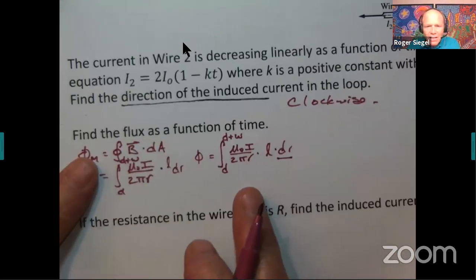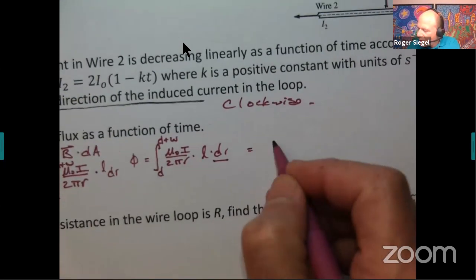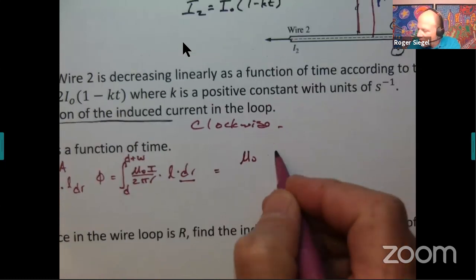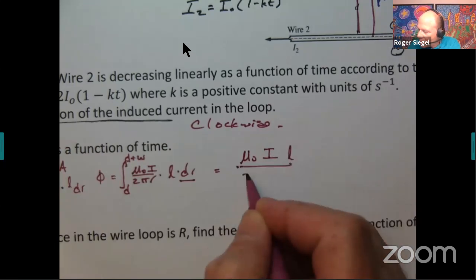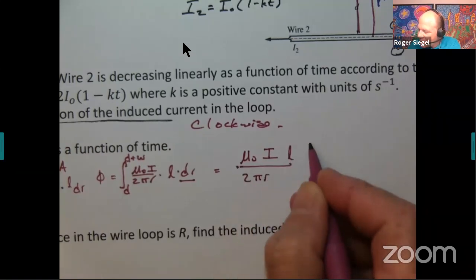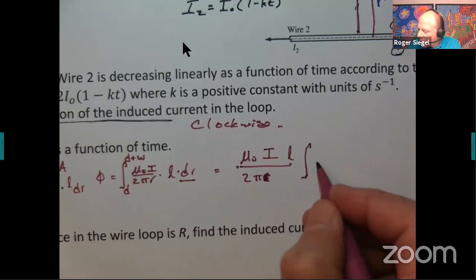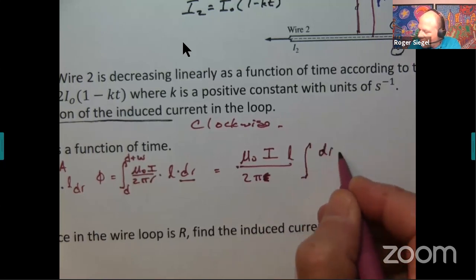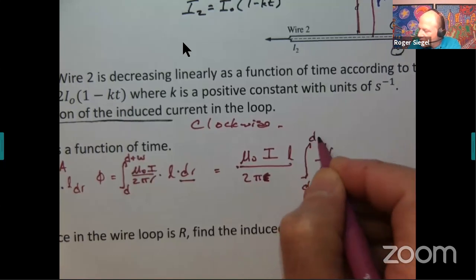So I can come out front with the mu naught. So that's going to be mu naught I L over 2 pi times the integral of dr over r from d to d plus w.